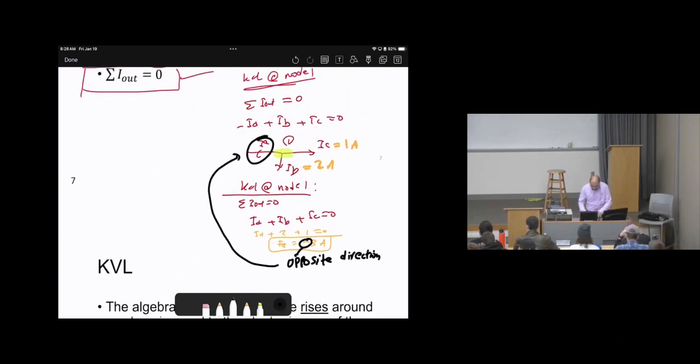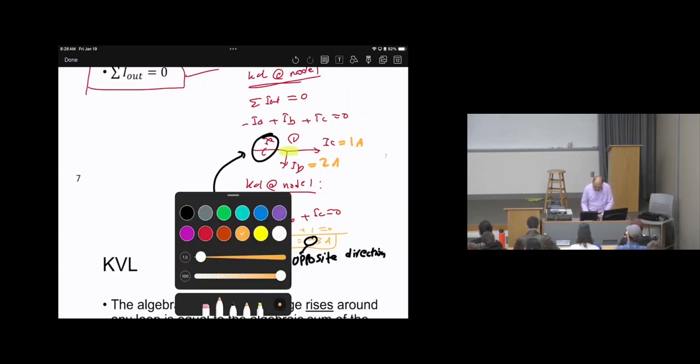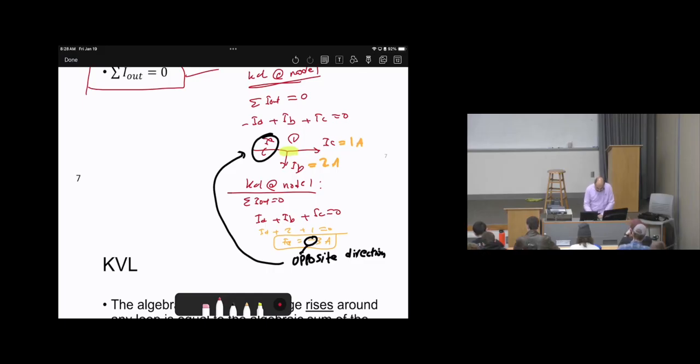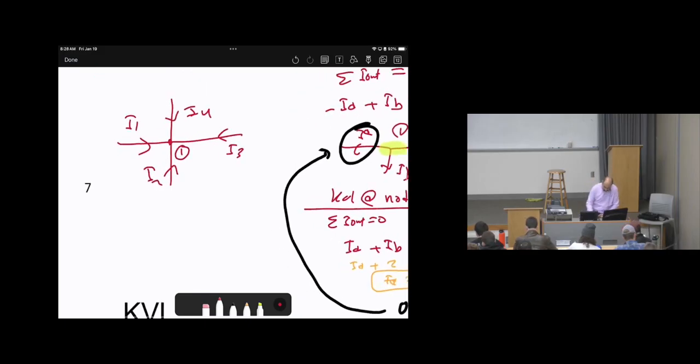Now another example for KCL, which is here, 4 points. This is node A, the node 1. Then we have I1, I2, I3, I4. Now we need to apply KCL at node 1.